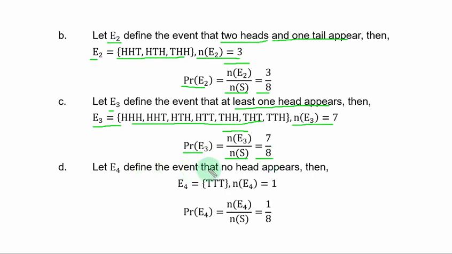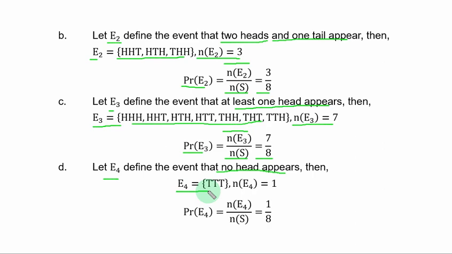D part, no head appears. Let's use E4 to define the event that no head appears. So E4 is equal to, you go to the sample space and consider the sample point where there is no head.